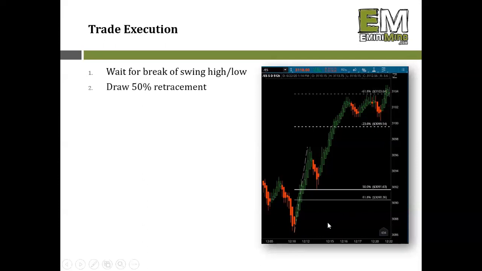Just drawing up the 50% retracement, you can go in and hide all the other fib numbers to clean up your chart. I don't like to have a whole bunch of junk on my chart. For ES trading, I'm basically just using the Fib retracement tool, and I also use the nicey tick, and that's it. And obviously my trade ladder to place the trades.